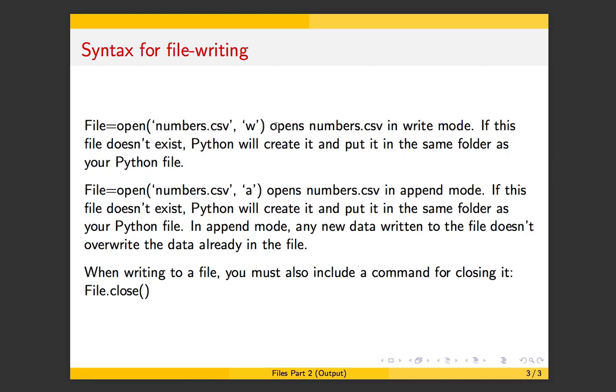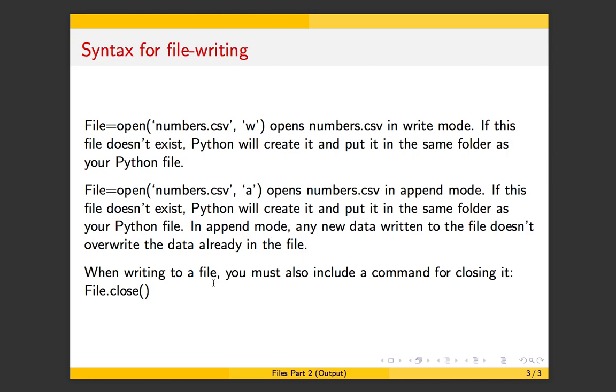In write mode, if you open the file and write, you will oftentimes be writing over the data that was already there. So you have to be a little careful with write mode. If you keep opening the same file over and over again and writing to it, you're going to be overwriting previous data, whereas appending just opens that file and then jumps down to the end of the file and puts any new data down there.